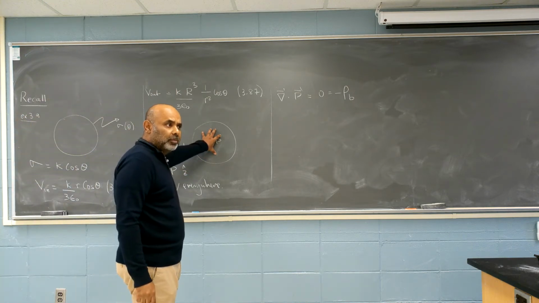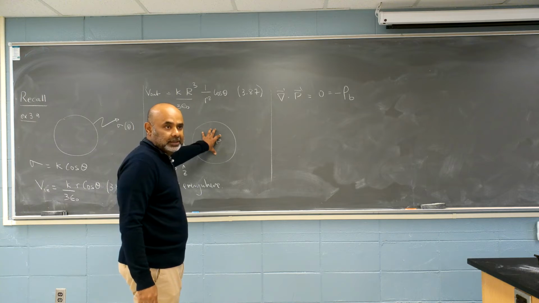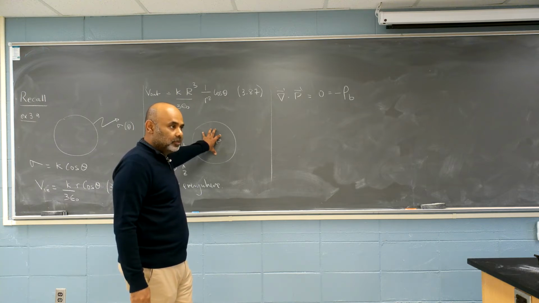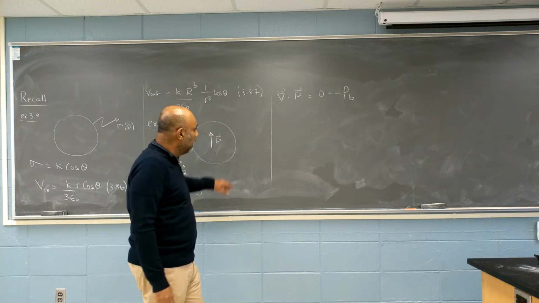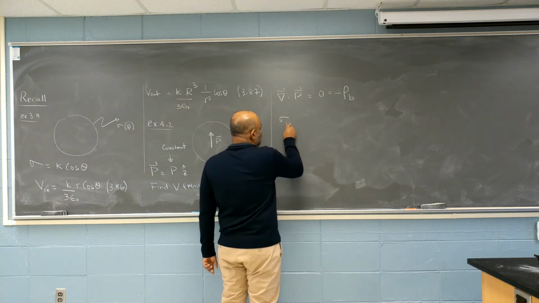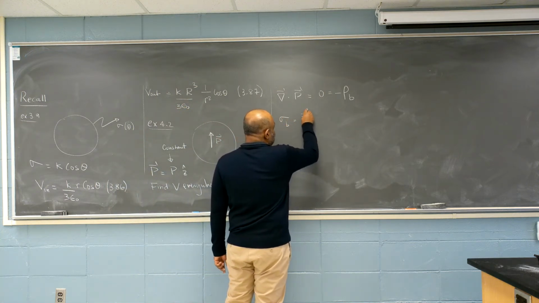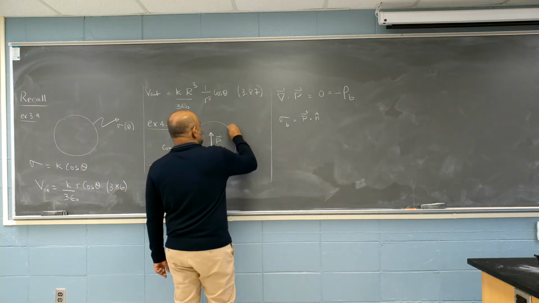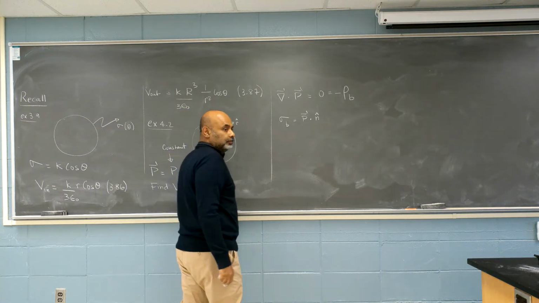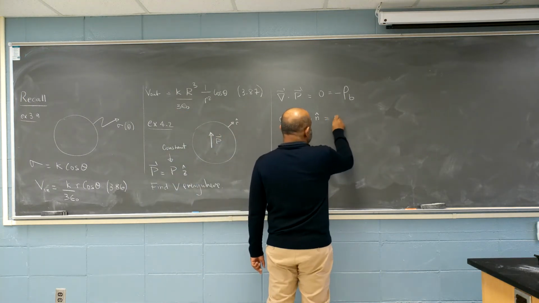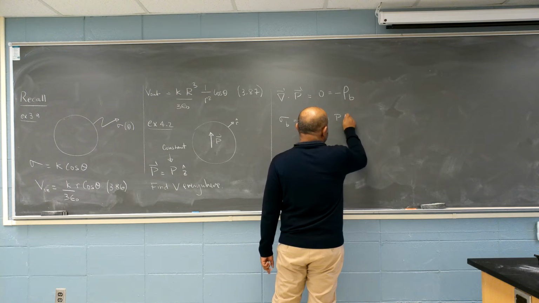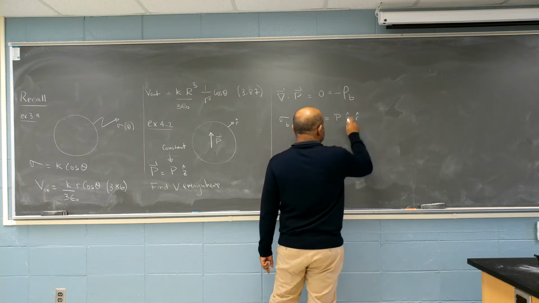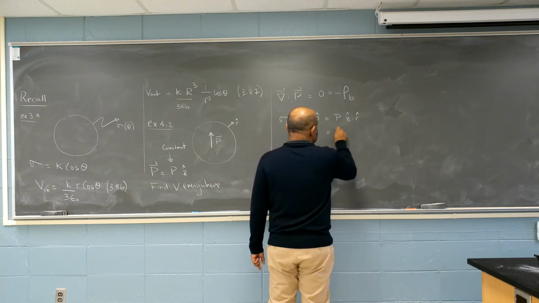Well, it's uniform. You know, all the heads and tails are aligned, so internally the heads cancel the tails, so to speak. But there's sigma bound, which is P dot normal. Of course, the normal direction is r hat. So this is P z hat dot r hat.